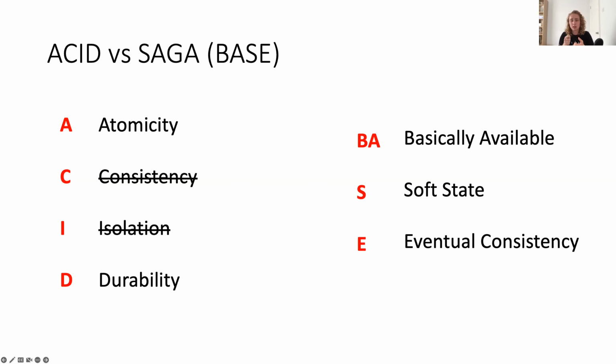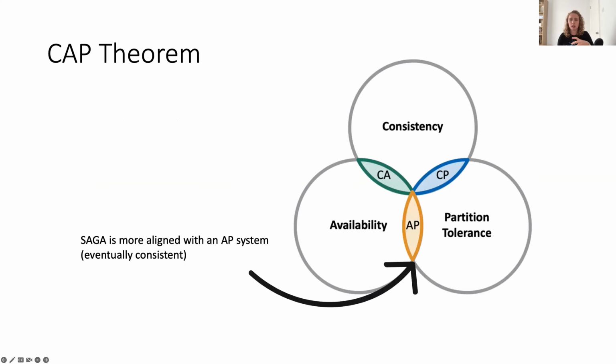So the underlying principle in terms of the architecture is slightly different. When we're looking at where our application would sit in the CAP theorem, we're looking at being more aligned with something like an AP system, because we are now eventually consistent and not having that strong consistency.